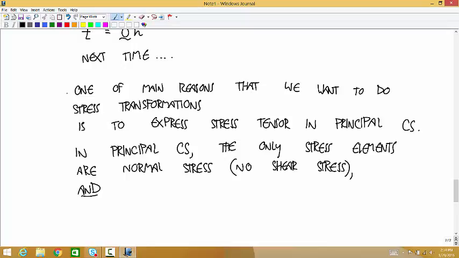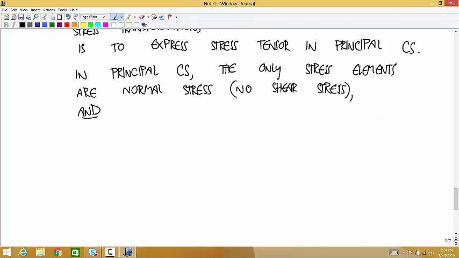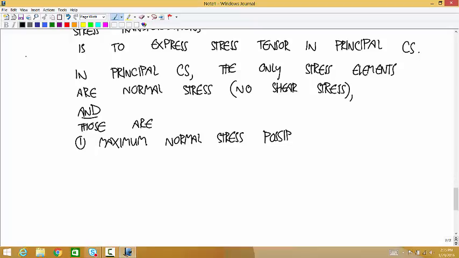And the three, so then you have three in general normal stresses. One is the maximum normal stress possible, and so let's call that a maximum tension.